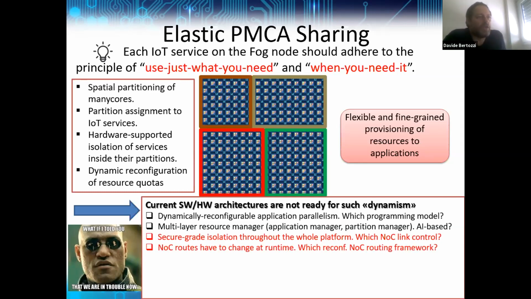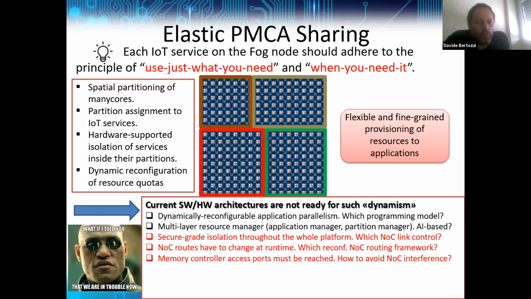As a result, because of changing partition shapes and sizes, your network on chip routes have to change at runtime. Now the question is, we are not used to systems that dynamically change the routes of their packets. So what is a suitable reconfiguration mechanism to reprogram the routes of your network? Moreover, every partition needs to access memory controller access ports.